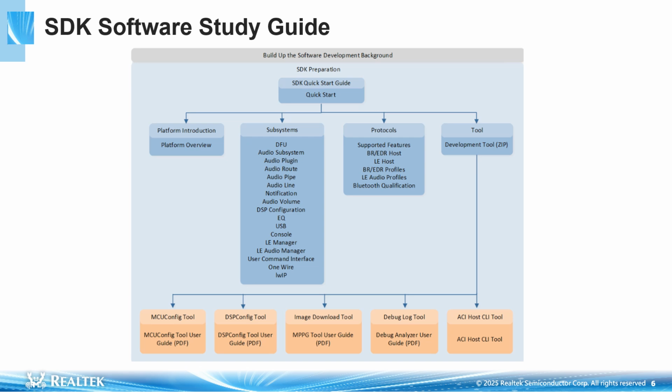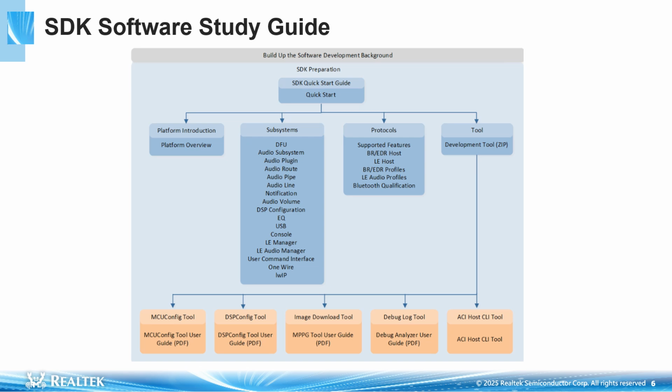The debug analyzer is used for system log recording and debugging. The ACI host CLI tool is used for CMD or event communication testing with ACI devices via USB serial port. For user manuals of each tool, please refer to the tool user manuals in the specific directory.